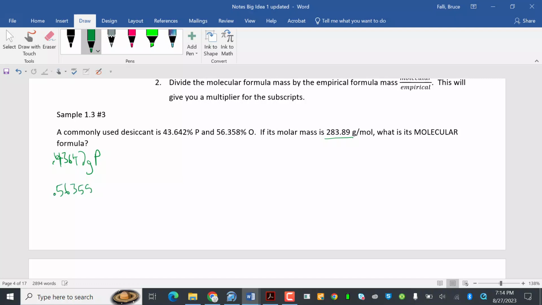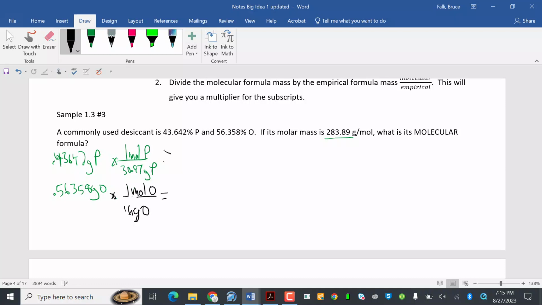Then it's 30.97 grams of P from the periodic table, and 16 grams of oxygen per 1 mole of oxygen.